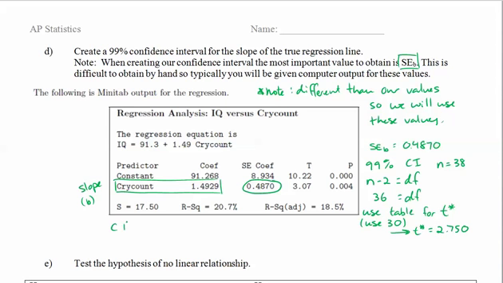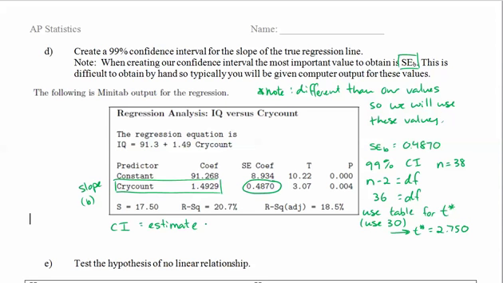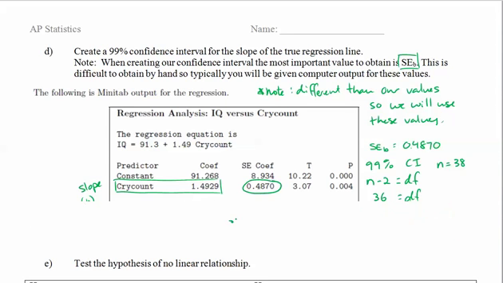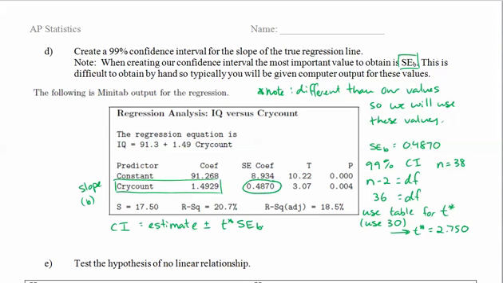So the formula for confidence interval is the estimate plus or minus the critical value times the standard error of our value, so of B in this case.